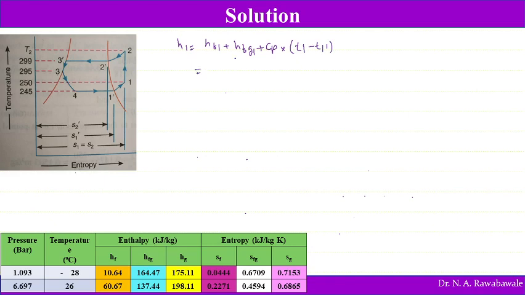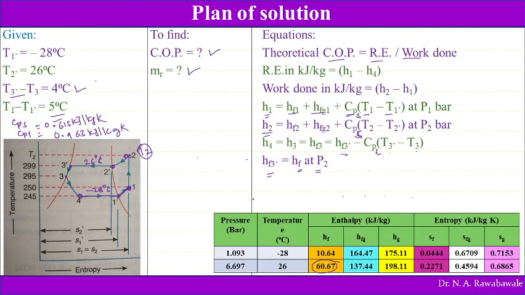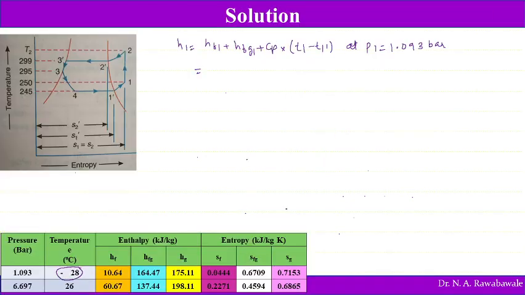So HF is taken at pressure P1, which is 1.093 bar, or saturation temperature at minus 28 degrees Celsius. So this is working between temperature limits of minus 28 to 26 degrees Celsius. So here HF1 is taken as 10.64.